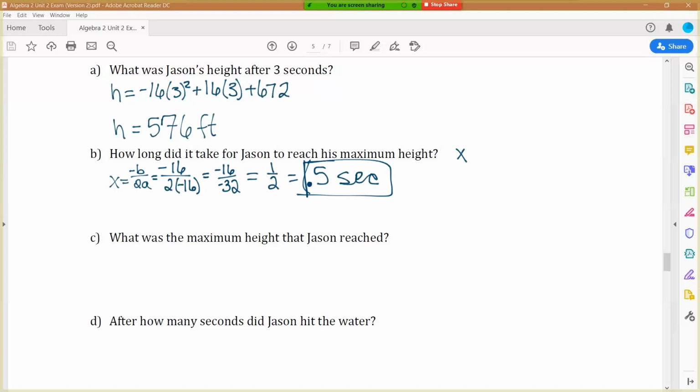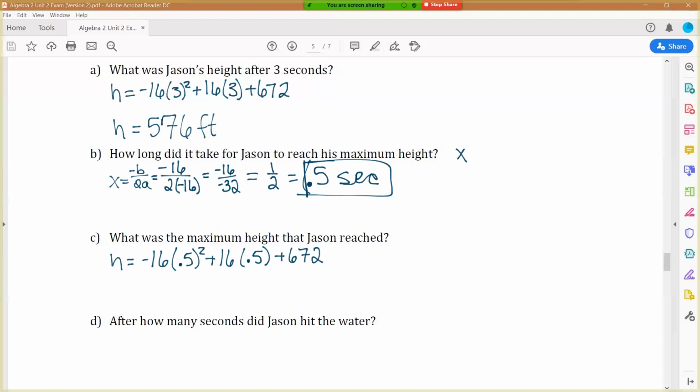To figure out the maximum height that Jason reached, we've got to figure out his height at 1/2 of a second. So we're going back to the original. Anytime we see seconds, we're plugging in 0.5. So -16 times 0.5 squared plus 16 times 0.5 plus 672.